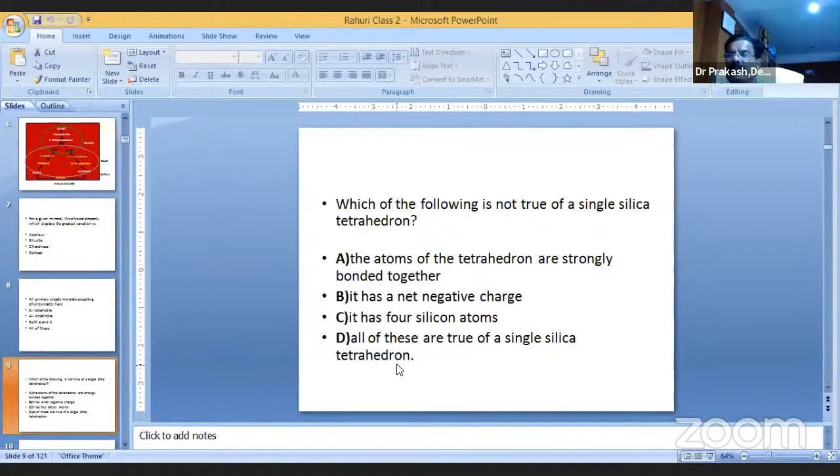This is where sometimes there will be confusion actually. It has 4 silicon atoms. So all of these are true of a single silica tetrahedron, so it cannot be an answer, right? So these 2 have to be changed. If you get this kind of thing, you just keep it out and you can take this as a challenge also later on.